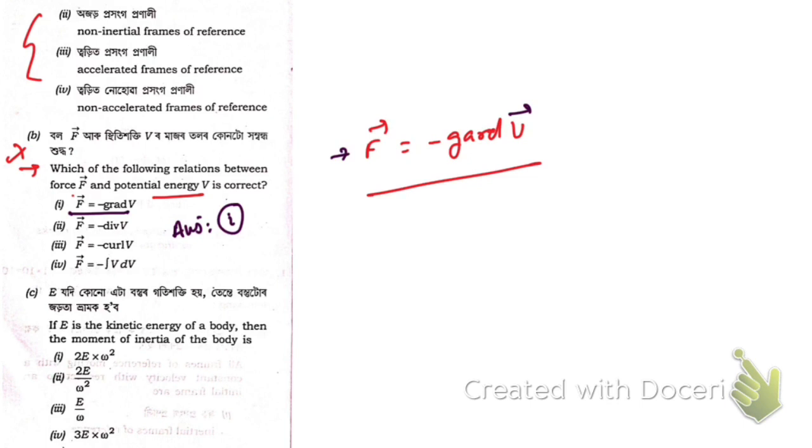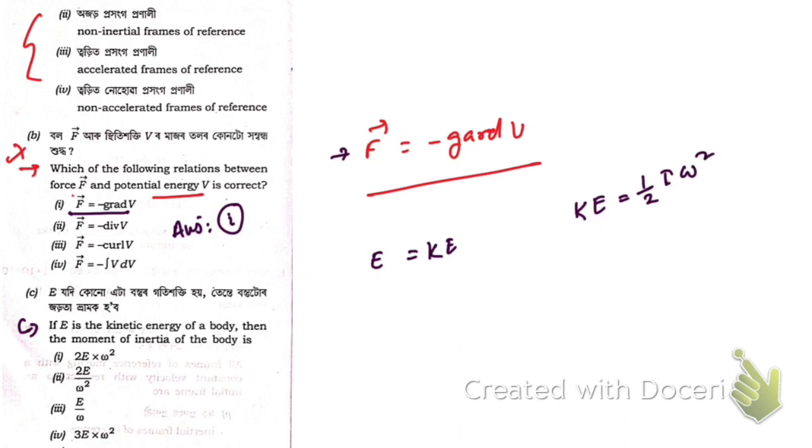Next, if E is the kinetic energy of a body, then what is the moment of inertia of the body? We know the relation between moment of inertia and kinetic energy: kinetic energy is equal to half I omega square.